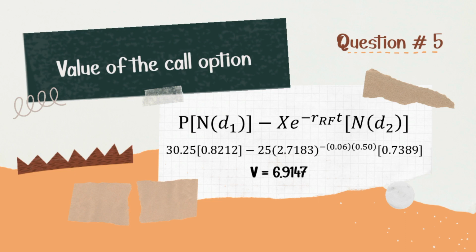So we will substitute the values, and for the e, it is already fixed, 2.7183. So we will just substitute the values, and then we will have the value of the call option, 6.9147.